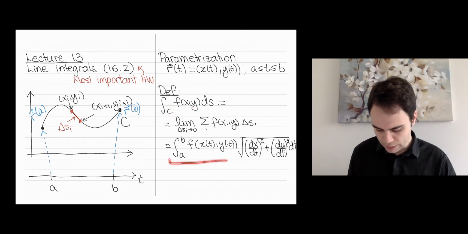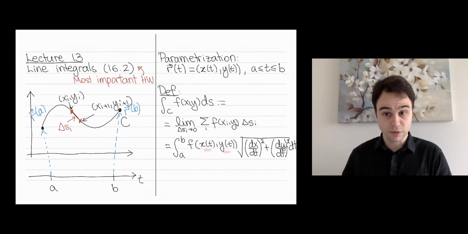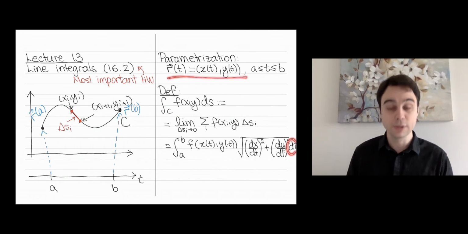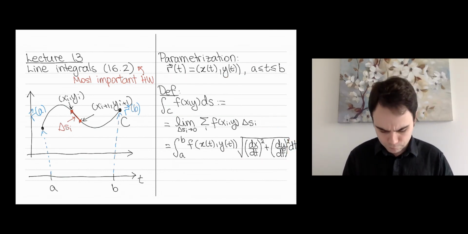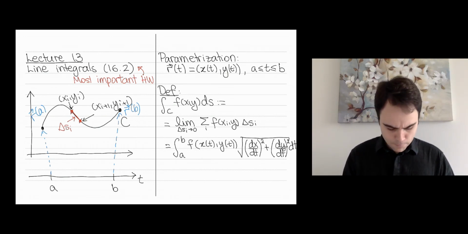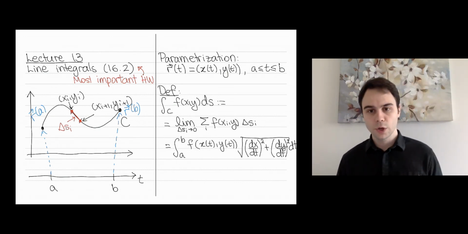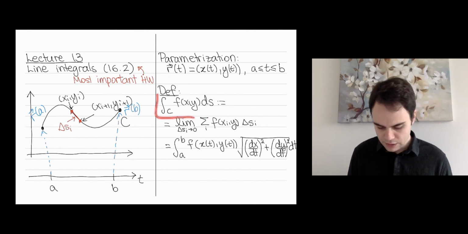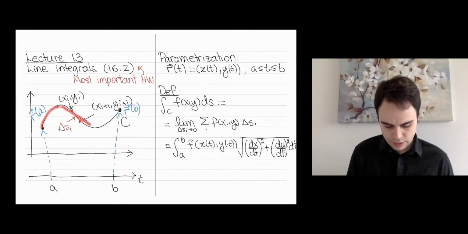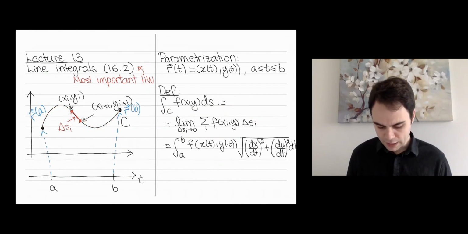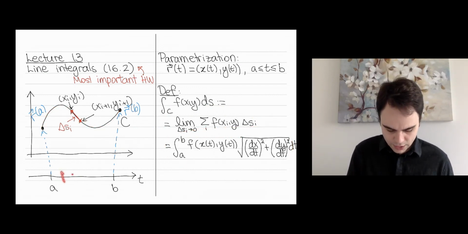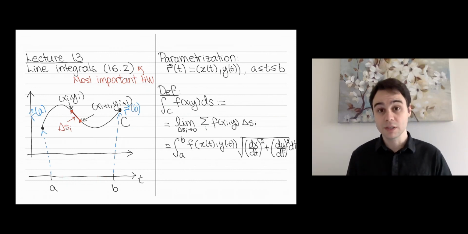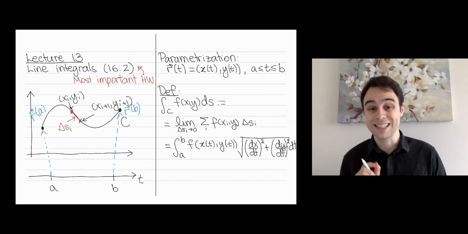Note that to write this formula, I absolutely need to have x and y in terms of a single parameter t, which I use to integrate. So I absolutely need to have a parameterization. Let me say a few words to explain why this connects to that. The idea is we're replacing these sums over the segments of the curve by an integral, which is really also given by Riemann sums, but the sums live over little pieces of the t line.